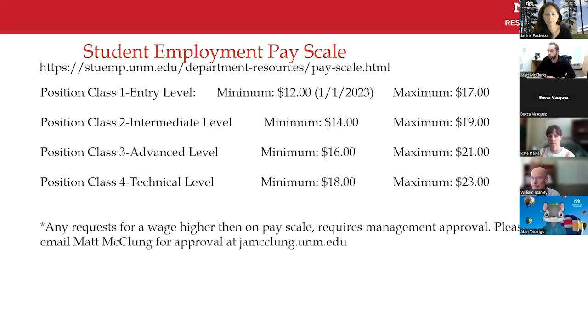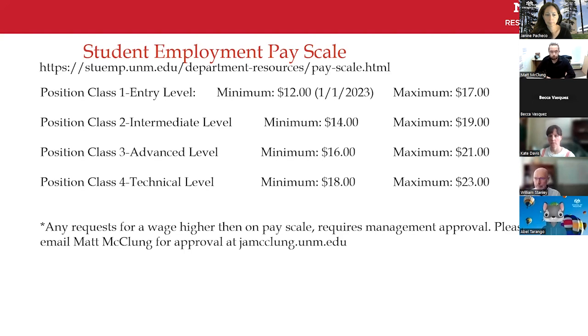So there will be times that you'll see an intermediate level student making about the same or less than entry level, but it really breaks down into the student's experience. Like I said, I'll jump into that a little more on the next couple of slides.